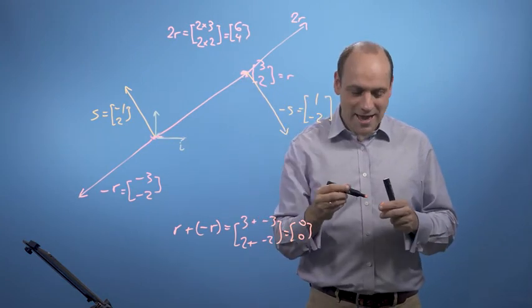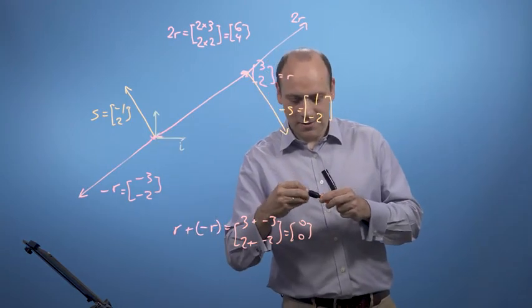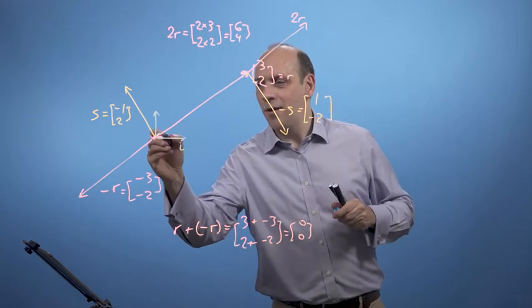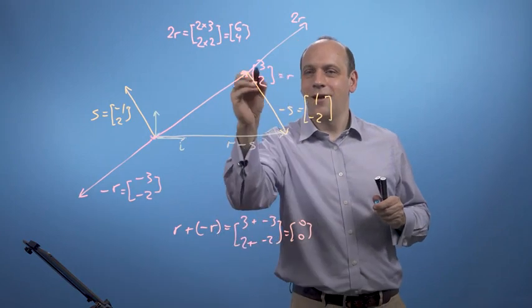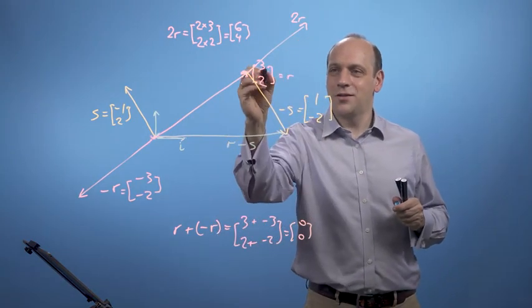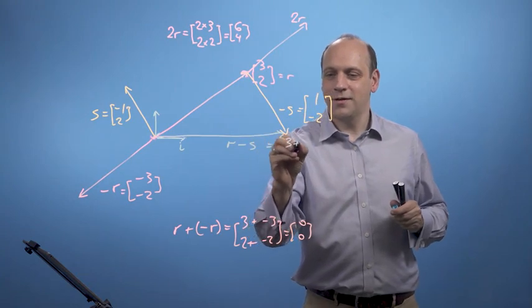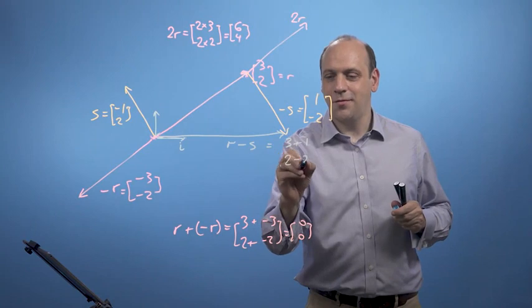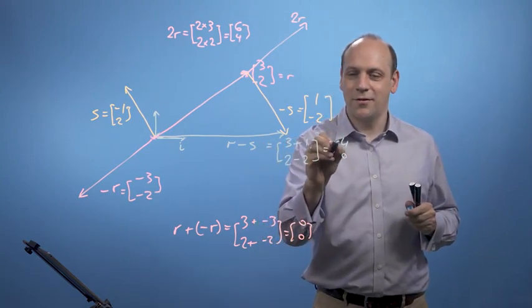So r minus s, let's switch to an addition, is this vector here. If we add up the components, it's 3 plus 1 on the i's, and 2 plus minus 2 on the j's. So that gives us the vector 4, 0.